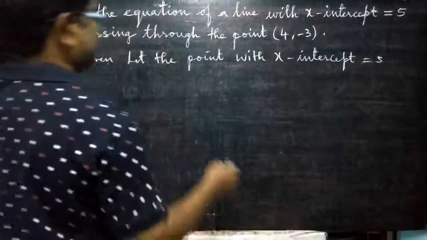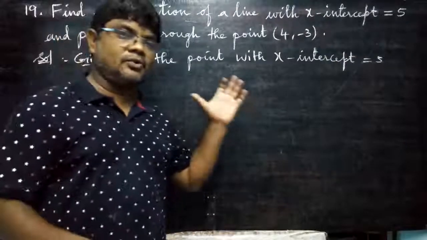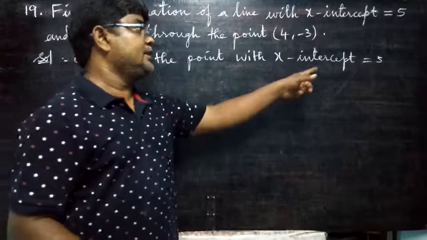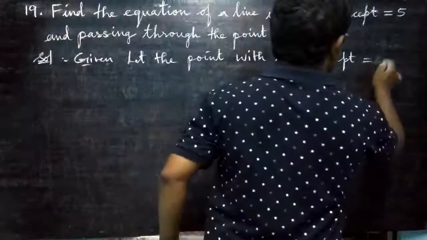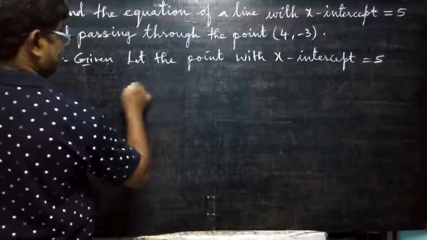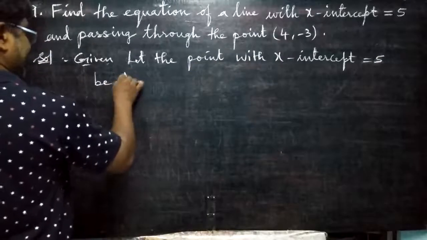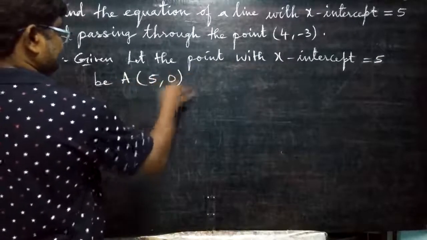Whatever point on x-axis will be x comma 0 or a comma 0. Here they have given 5. So the point will be 5 comma 0. So let the point with the x intercept be A, that is 5 comma 0.